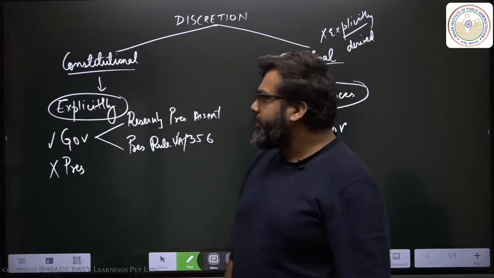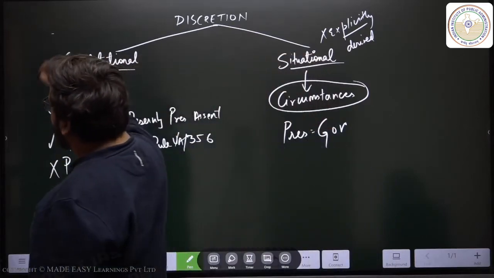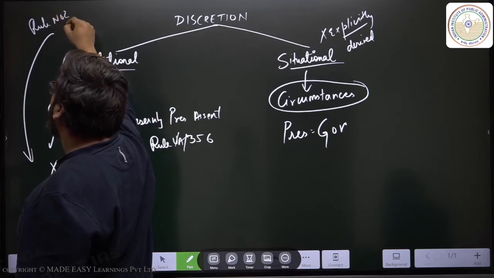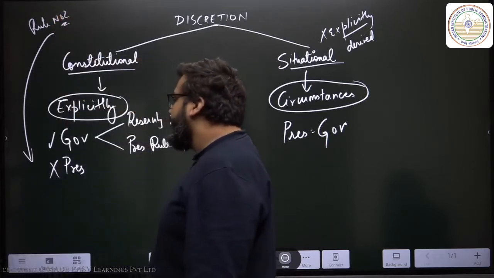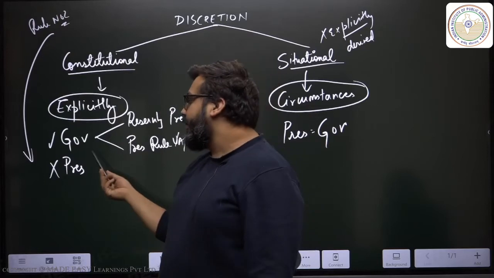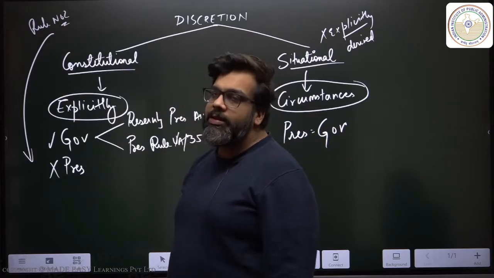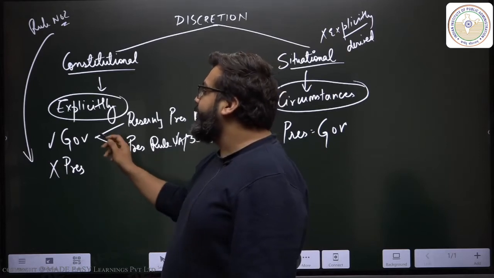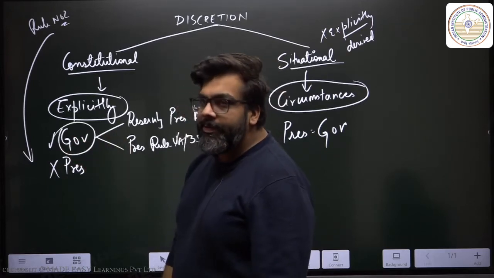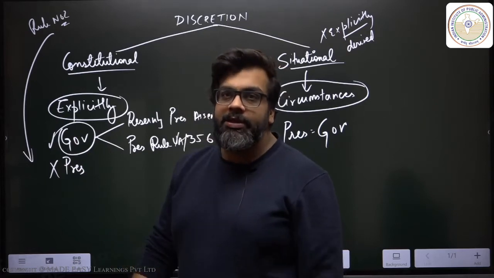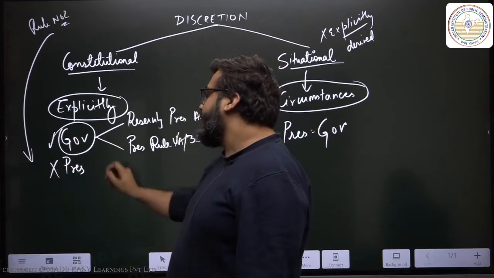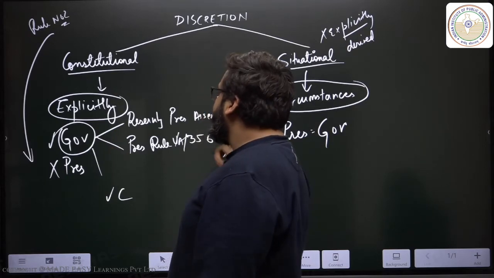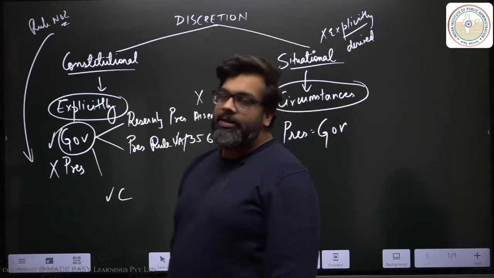Now, this also is an amazing application of rule number 2, because if you understand this carefully, the governor has been given more discretionary powers than the president. Technically, it is a candy that we've given to the governor, thereby satisfying the concerns of the states. But the reality is, the governor is appointed by the center and will never use these powers against the center.